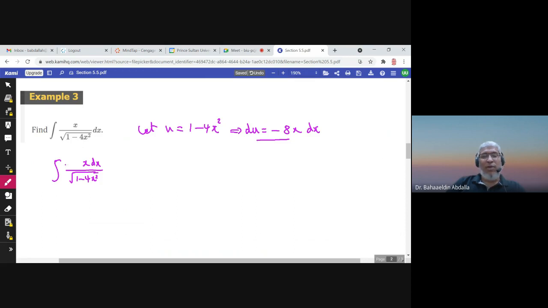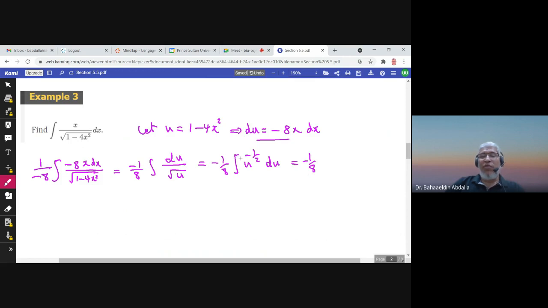So I will multiply by negative 8 and divide outside by negative 8. So negative 1 over 8 integral. This one, the numerator is du, and the denominator is square root of u. I can write this as negative 1 over 8, and u to the power half in the denominator, you take it up, so it would be u to the power negative half du.